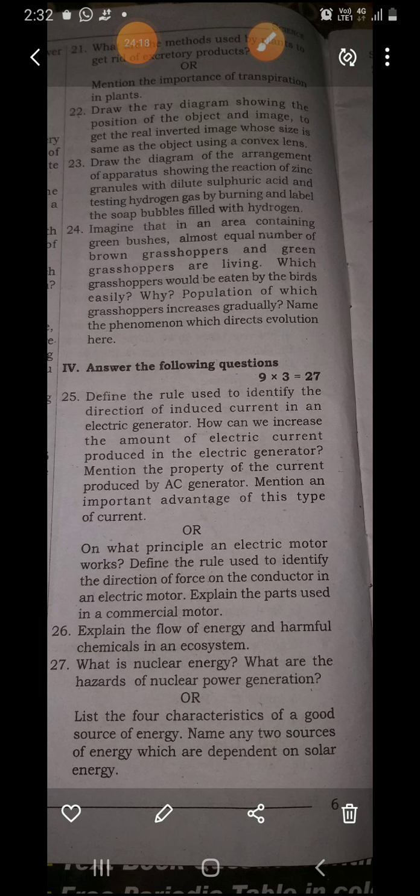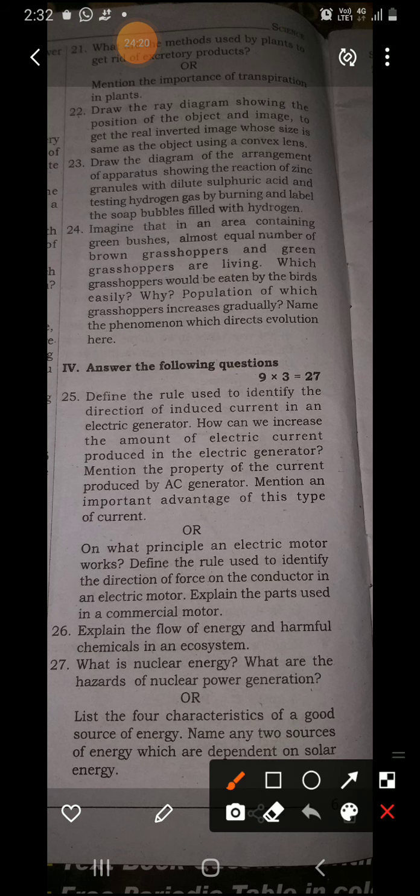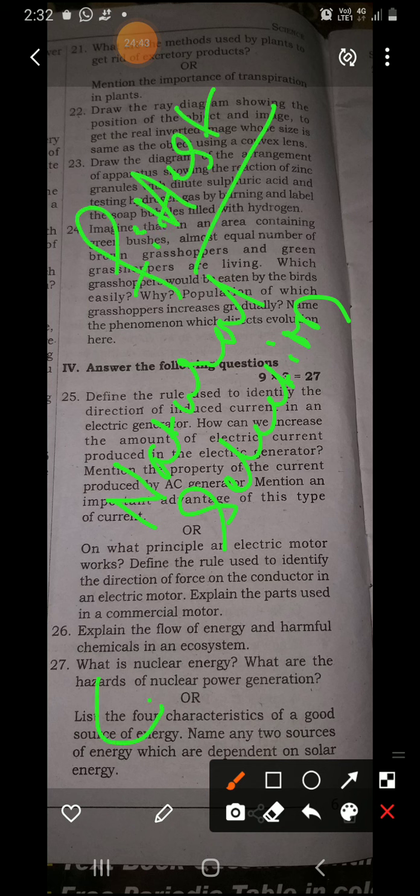And this phenomenon is called natural selection or survival of the fittest. This theory was given by the scientist called Charles Darwin.